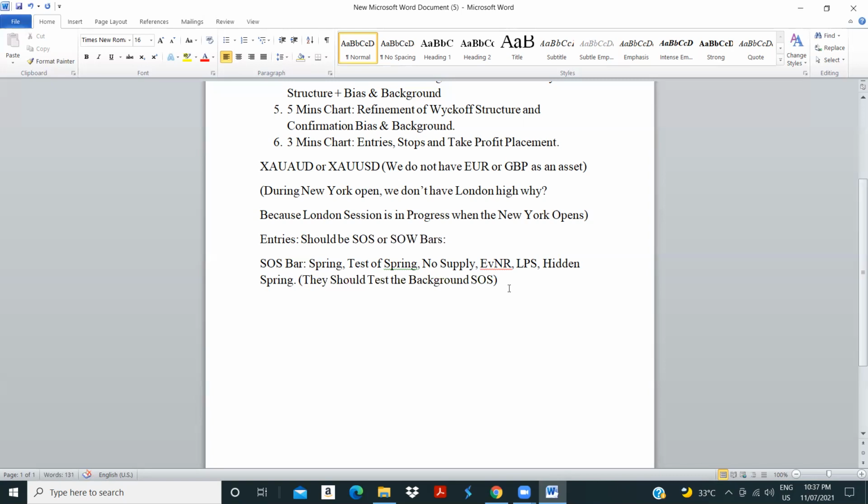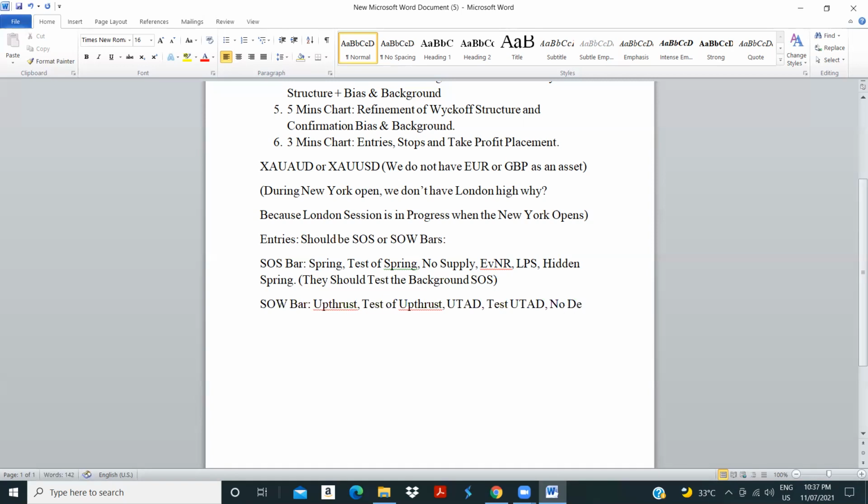You got it? Now, SOW bars. What are they? Upthrust, test of upthrust, hidden upthrust, UTAD, upthrust after distribution, test of UT, test of UTAD. Then we have no demand.